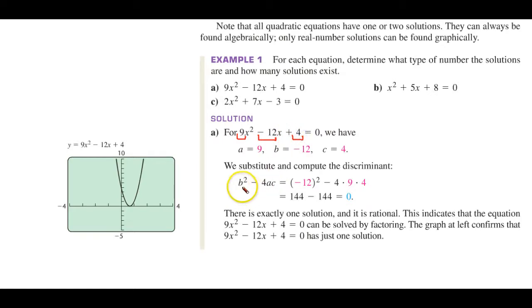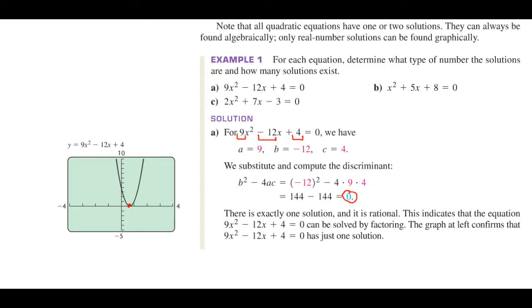We put that into the discriminant and we get a 0. So we're only going to get one solution. And if you graph that, it would only intersect the x-axis at one spot. Okay? There would just be one solution.